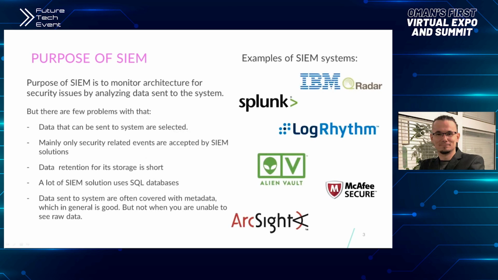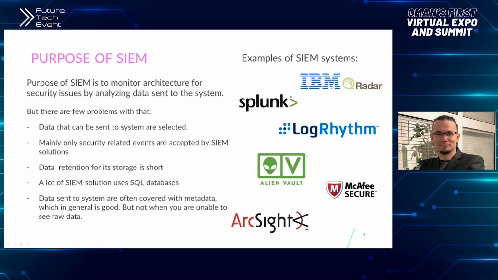The purpose of SIEM is to monitor architecture for security issues by analyzing data sent to the system. This means that if you have some sort of software, like let's say a firewall, then you can send information and logs from that firewall to the SIEM solution.